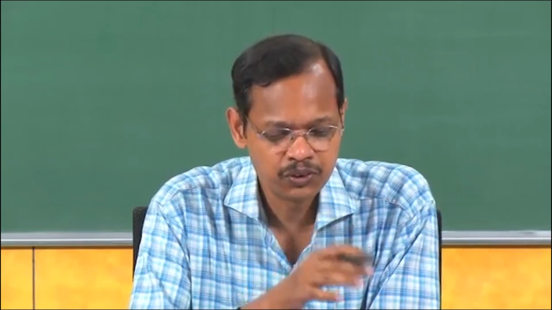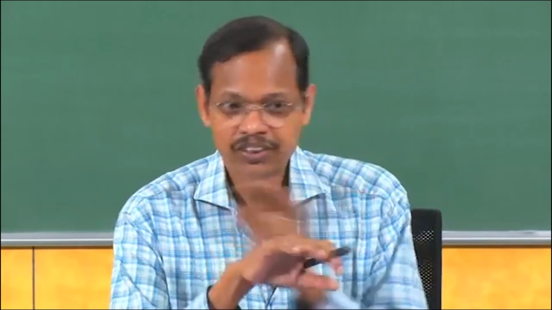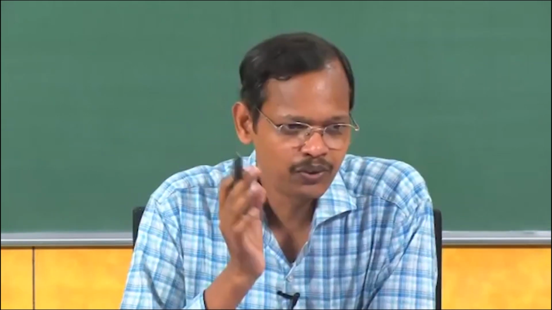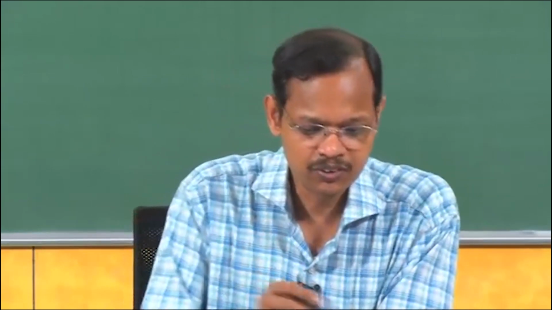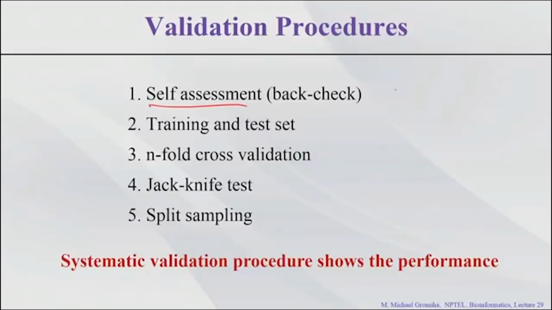Usually if you train with the same data set and we get good results, then people will be happy: my accuracy is 97% or 98%, so my method is fine. This is the self assessment. For example, with 100 data, in the training you take 100 to derive the parameters, and for the test you take the same 100.